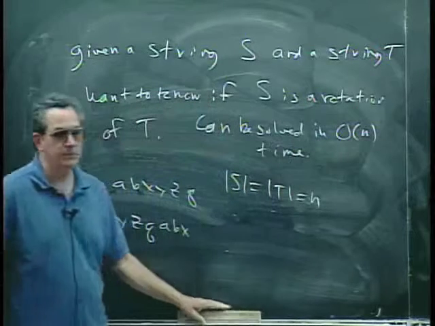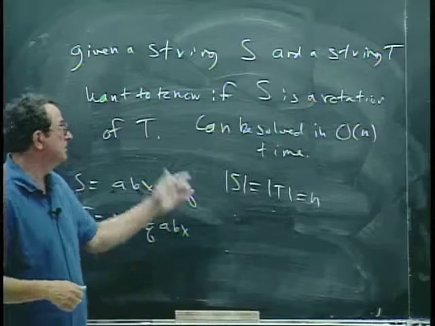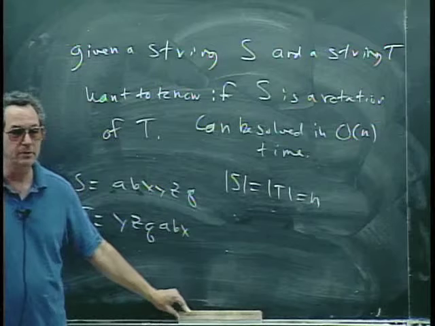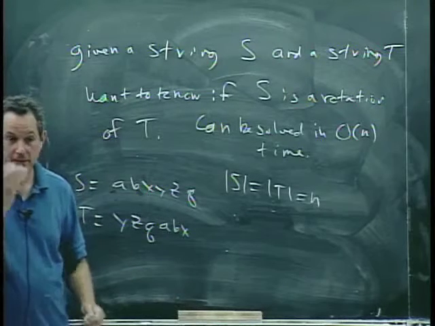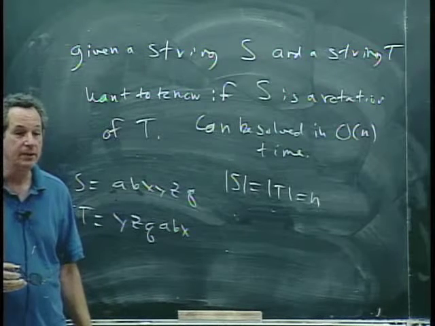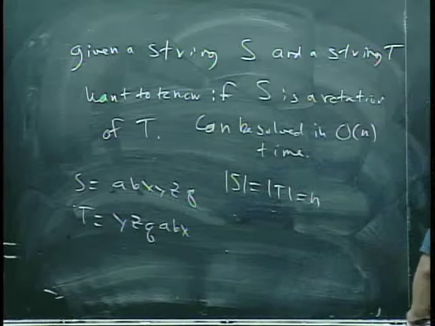By a clever reduction to just basic pattern matching. Does anybody see how to do that? Yeah. Run the Z algorithm on S $ TT. Okay, let's do that again. Run the Z algorithm on what?